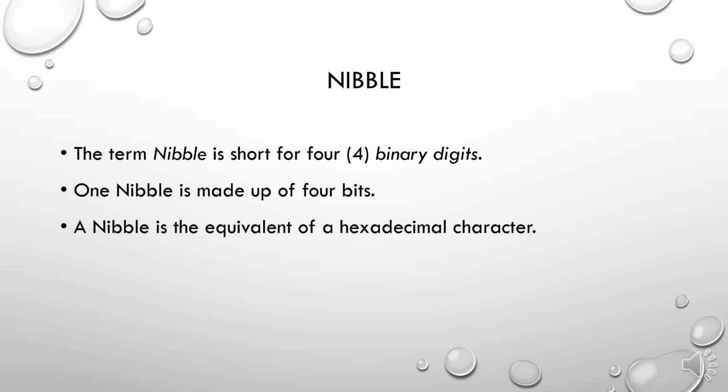So 15 is 1 1 1 1, 4 ones. That is the last digit in hexadecimal, from 0 to 15, and 15 takes 4 ones. That is why a nibble is equivalent to a hexadecimal character. Why? Because each hexadecimal character has a maximum of 4 bits.